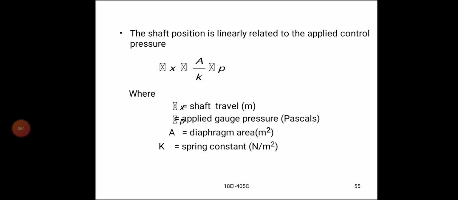So delta x is directly proportional to delta P. The change in shaft travel is directly proportional to the change in pressure applied to the actuator.